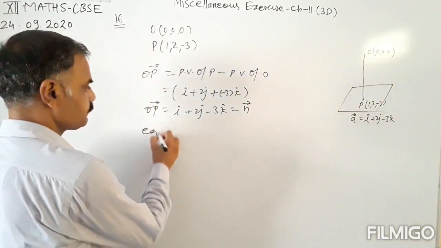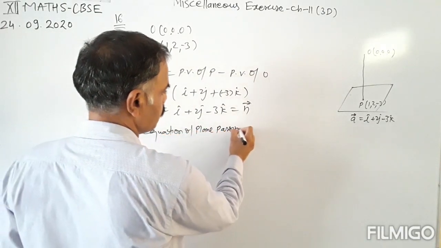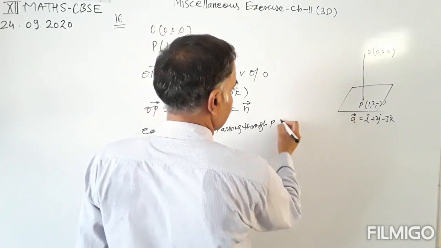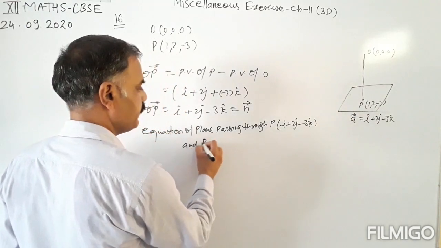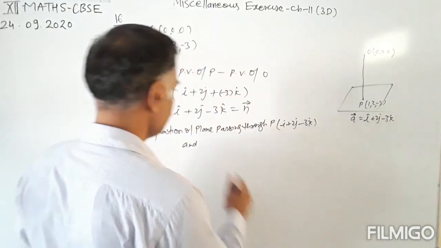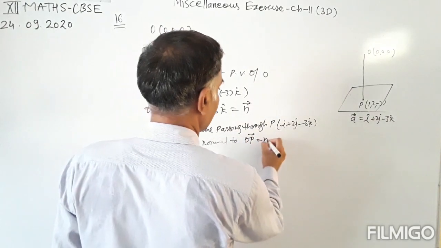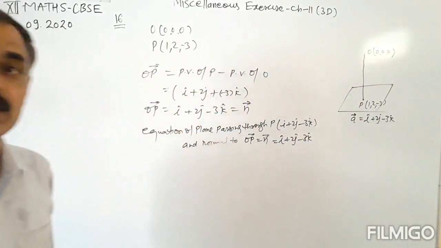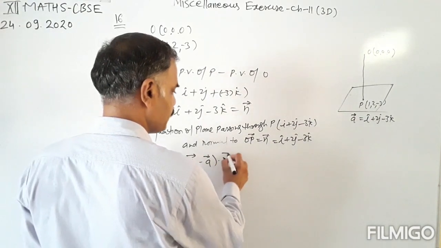So the equation of the plane passing through point P, that is i cap plus 2 j cap minus 3 k cap, and normal to the OP vector, that is n vector equals i cap plus 2 j cap minus 3 k cap, is: r vector minus a vector dot n vector equals 0.